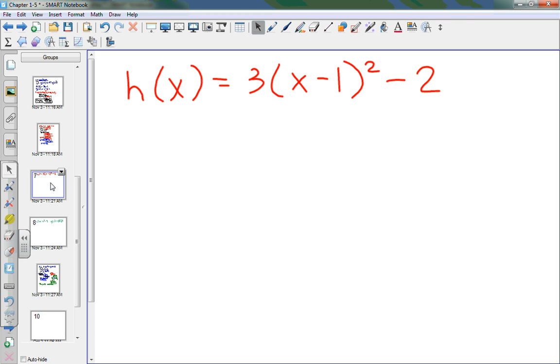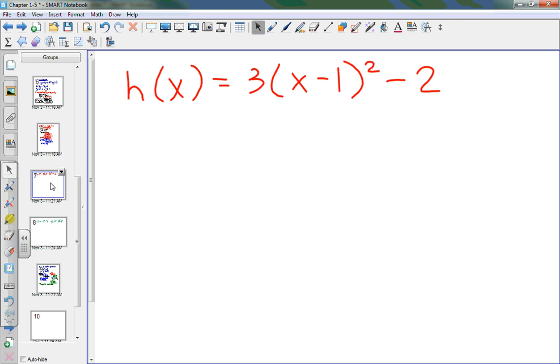Do we understand problems 1 and 2? Problems 3 through 6, I give you f of x and g of x. It says do f plus g at 1. Do f minus g at 2t. Do f times g at 2t squared. And do f divided by g at t plus 2.